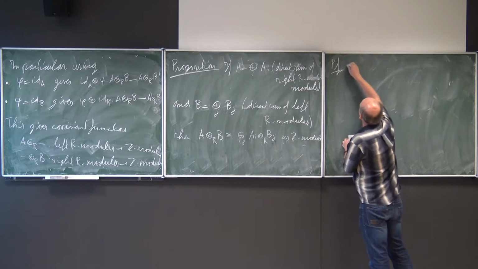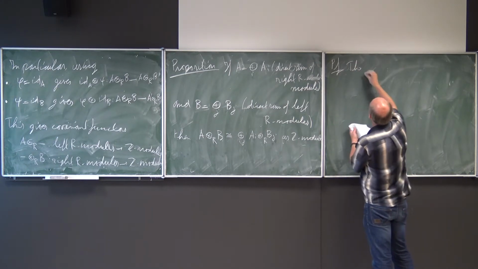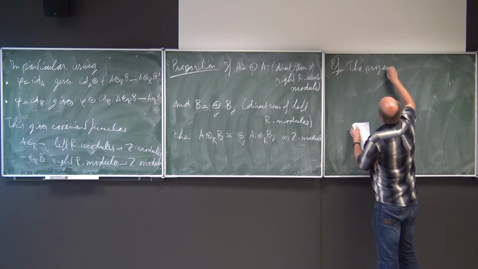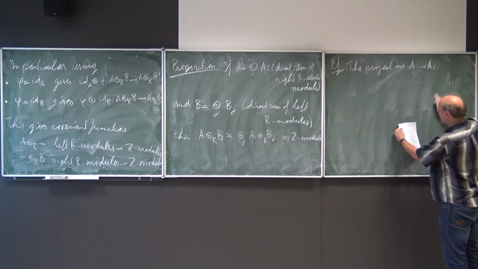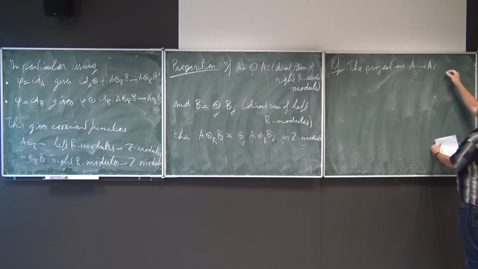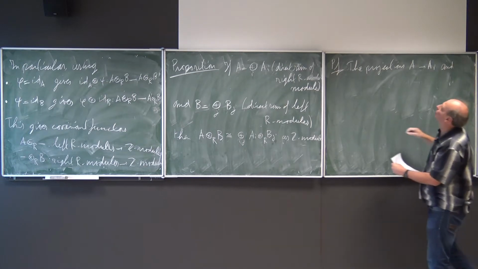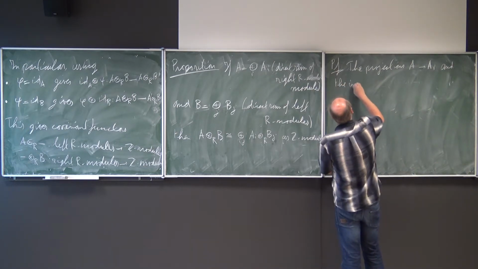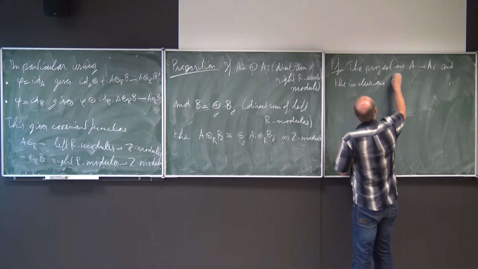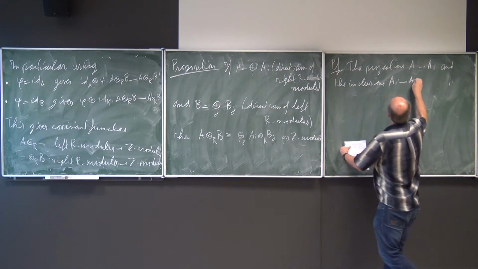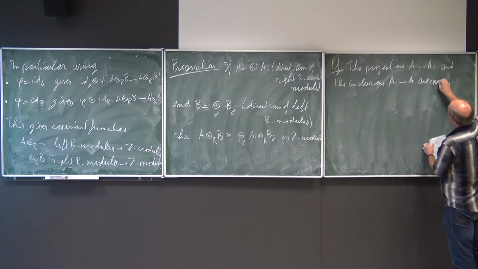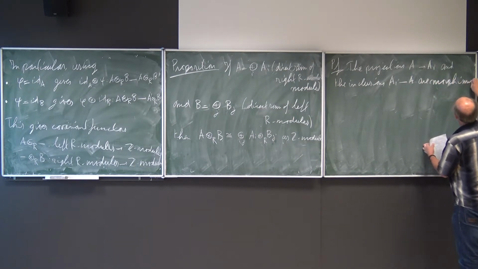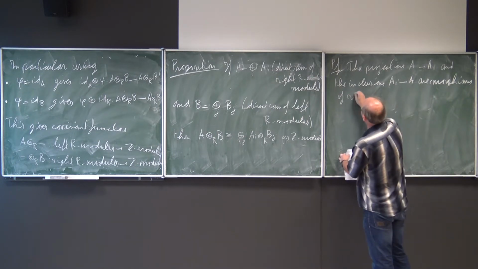Okay, so the projections from A to each Ai, and also I want to go the other way around, so I'm going to write the inclusions Ai to A, so I stick Ai into the ith position, so to say, and the rest I make 0. Say those are morphisms of right R modules.